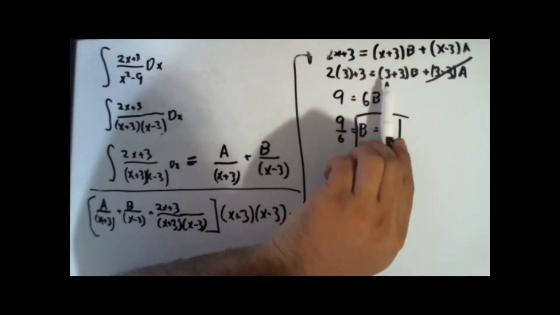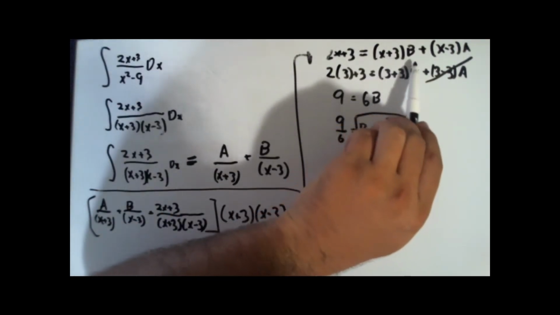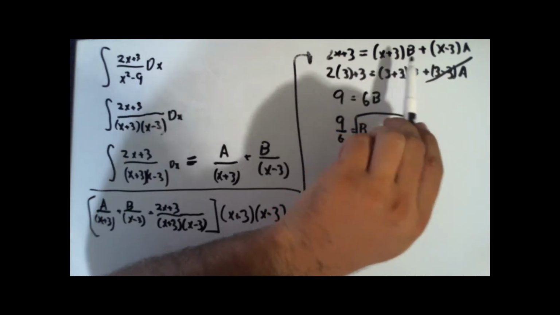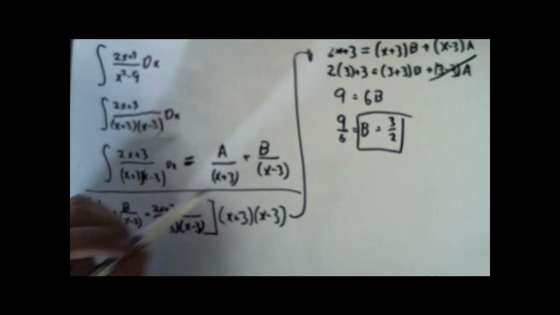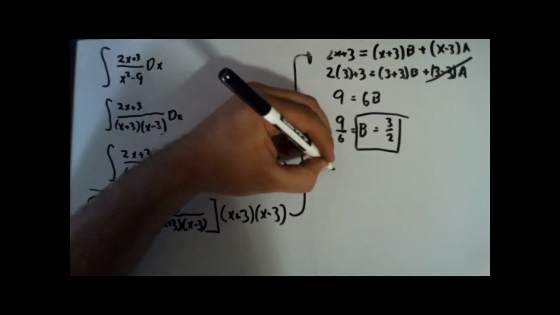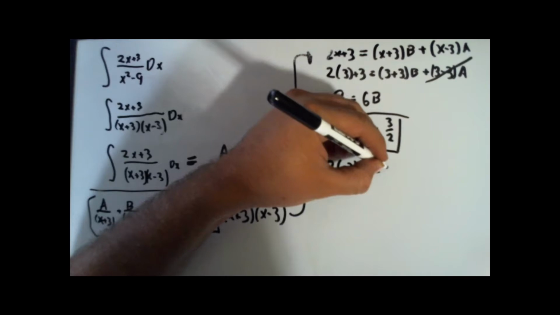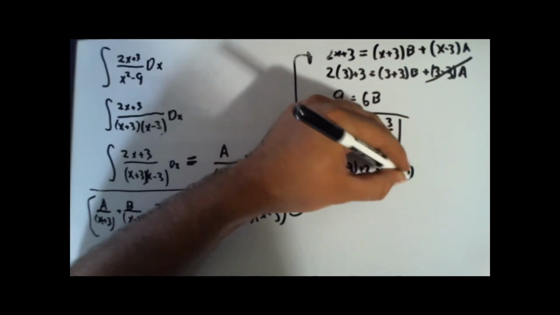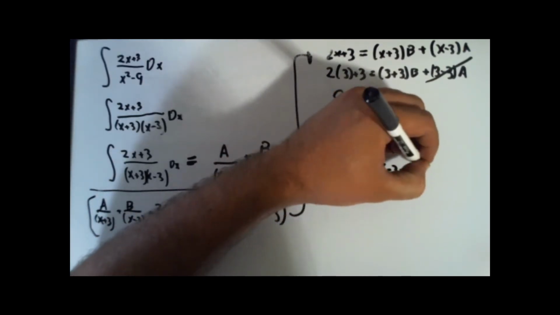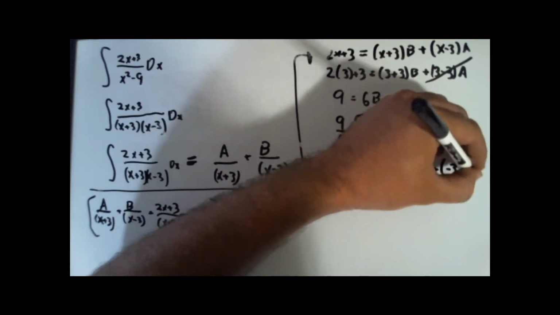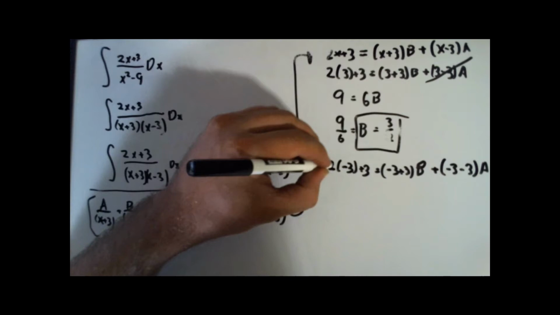So I look here and I say, well, x plus 3, what value would make that equal to 0? Negative 3. Negative 3 plus 3 times B cancels B out. So I'm going to say 2 times negative 3 plus 3 equals negative 3 plus 3 times B plus negative 3 minus 3 times A. What does that simplify to?